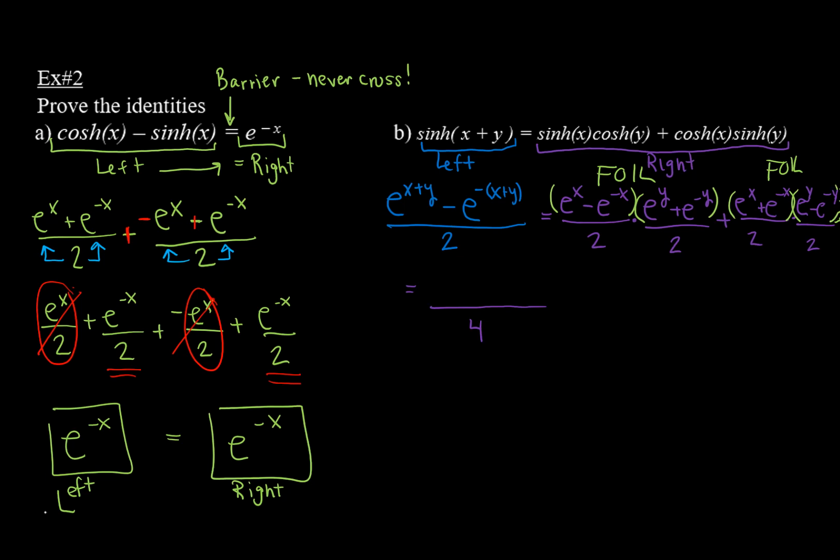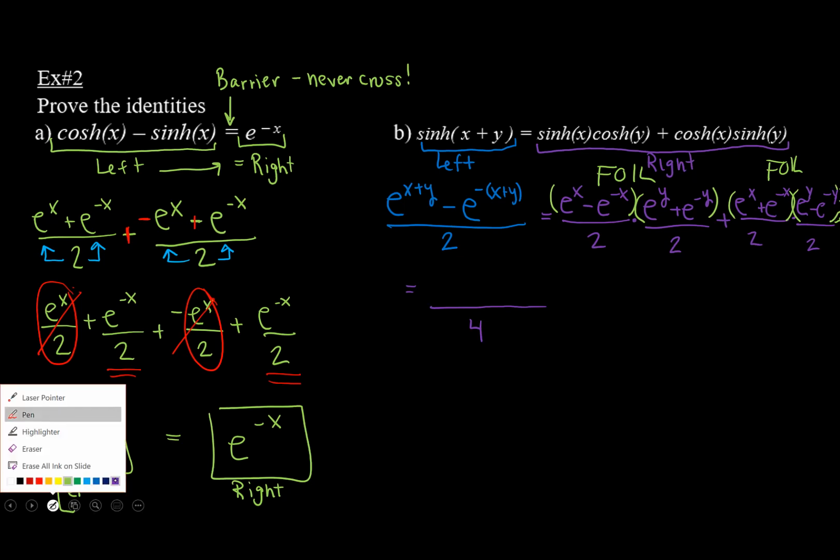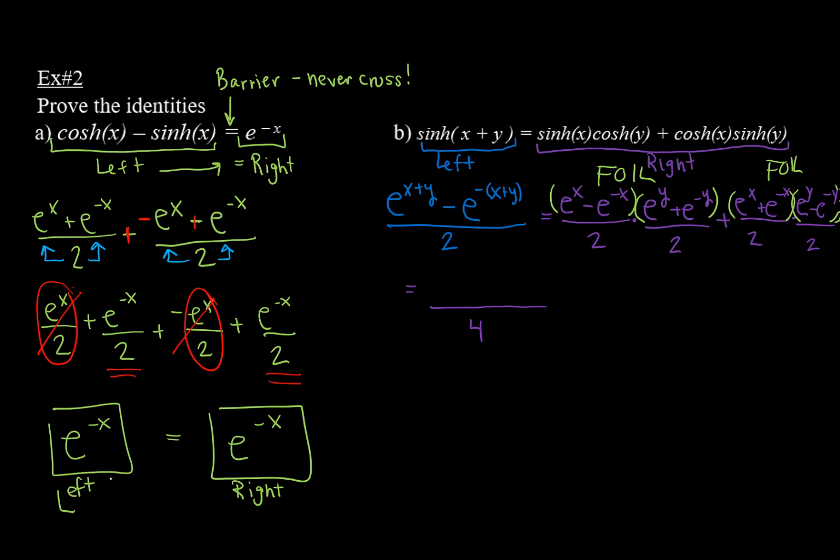And then you got to simplify it. So the 2 times the 2, that's no big deal. That's the 4. Notice I quickly wrote that down. When I'm foiling, I'm going to have the following. I'm going to have e to the x times e to the y. Well, when I multiply like bases, I add their exponents.